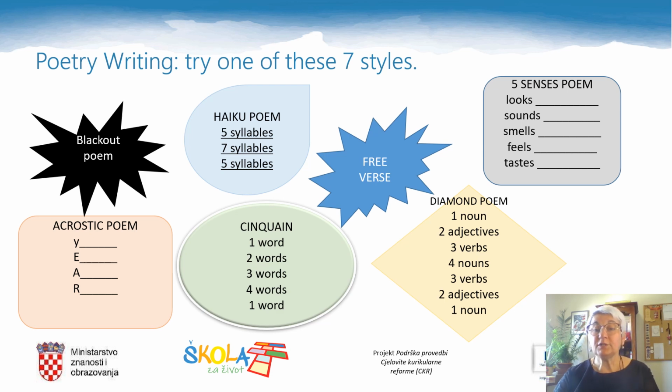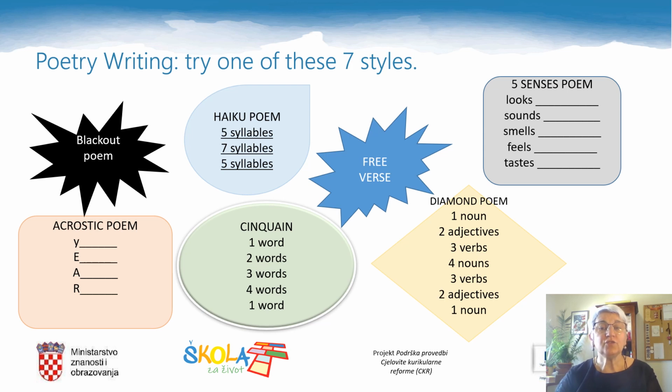Or a diamond poem. 1 noun in the first line, 2 adjectives, 3 verbs, 4 nouns, and then again 3 verbs, 2 adjectives, 1 noun. Or 5 senses. You write about something that interests you through all 5 senses.